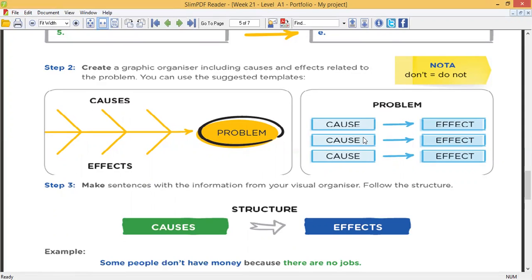It's not a problem. Remember that the problem is poverty. Let me help you. For example, if I choose this first template, the problem is poverty. Poverty is the problem, and you have to write one cause with its effects. It's easy.